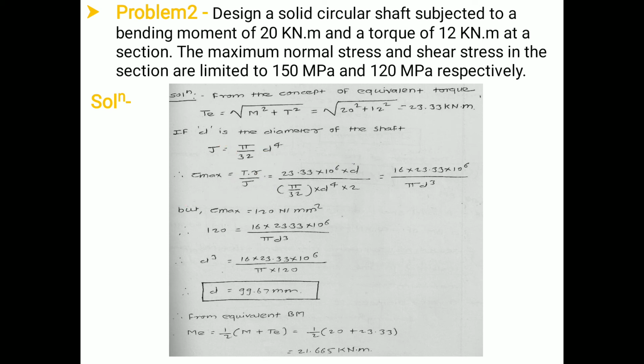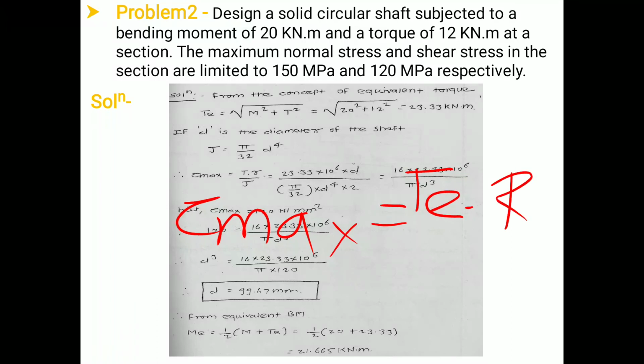So when we consider the maximum shear stress, in that case you use the formula of equivalent torque, and for the maximum bending stress you use the formula of equivalent bending moment. Therefore this formula is tau maximum equal to Te into r upon J. You use this particular formula to find the value of maximum shear stress.